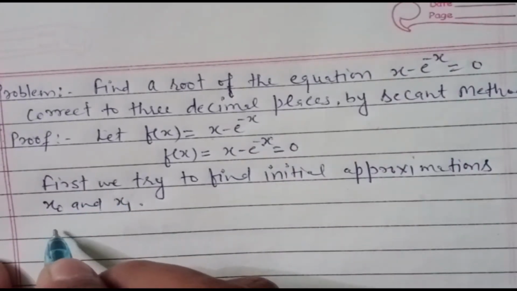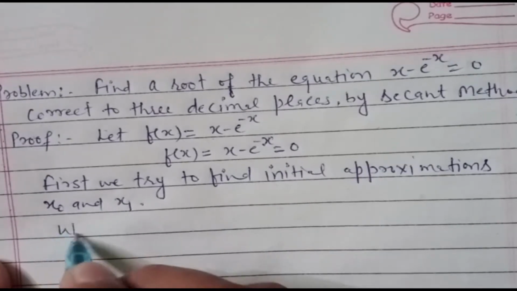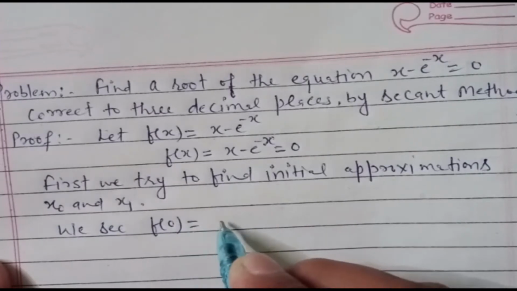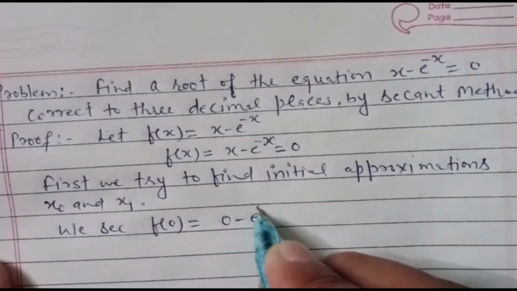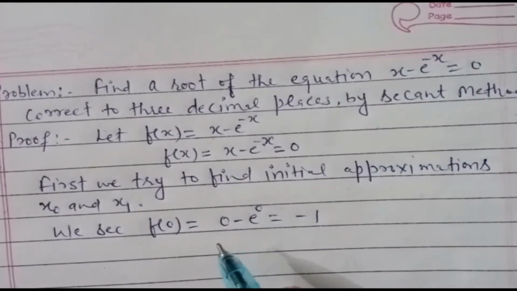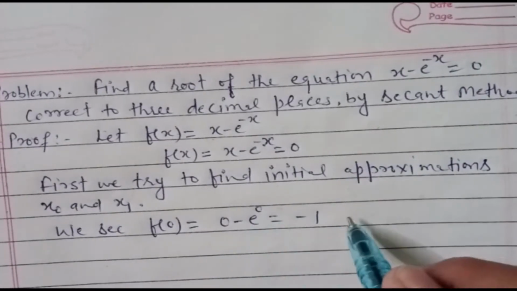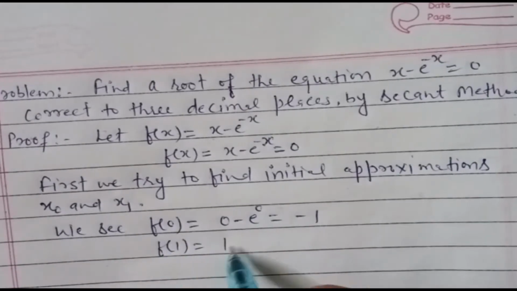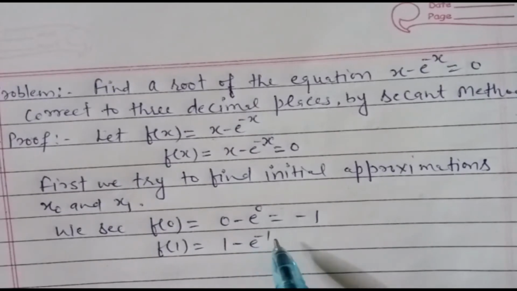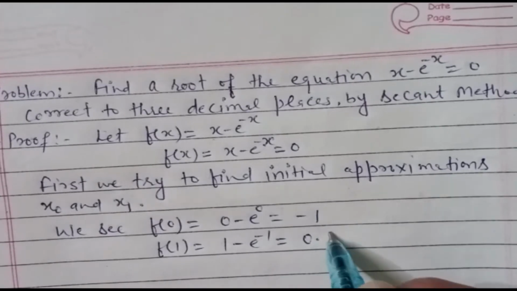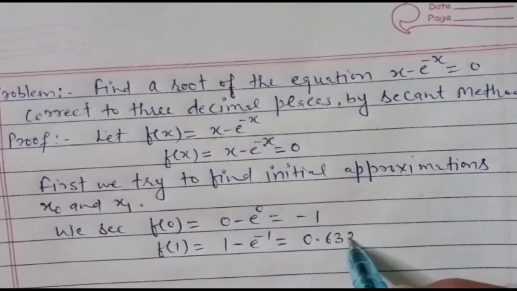We see f of 0 is equal to 0 minus e to the power 0, which is equal to minus 1, and f of 1 is equal to 1 minus e to the power minus 1 is equal to 0.632120.